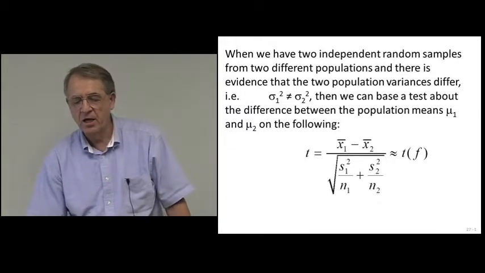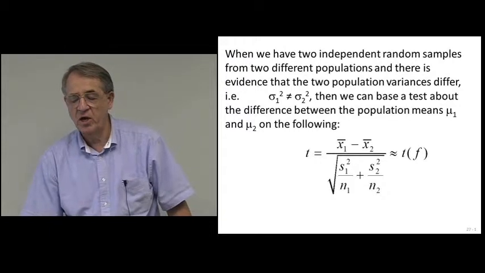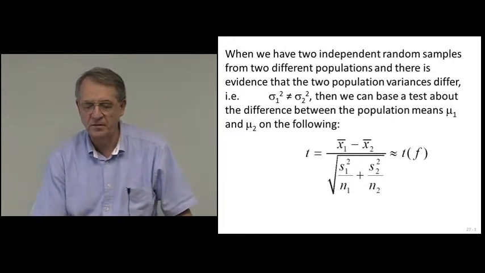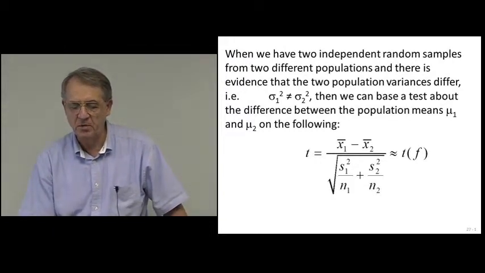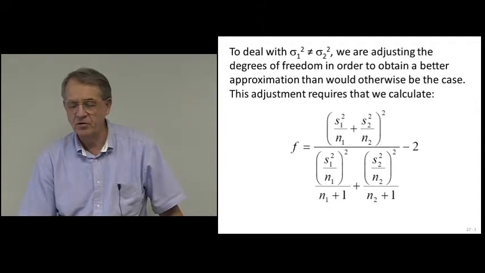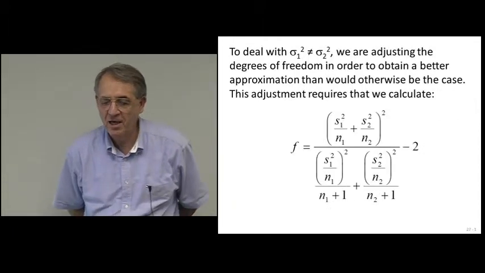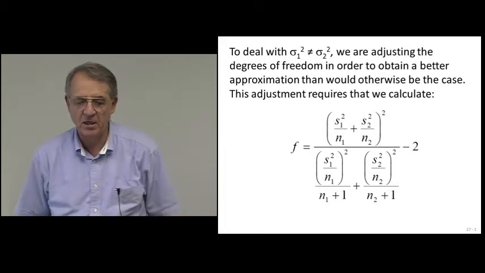So we're going to calculate the test statistic shown here, but we also have to come up with a different degrees of freedom. That's a little bit of a cumbersome entity, and as you see on this slide, it is a very cumbersome looking entity.